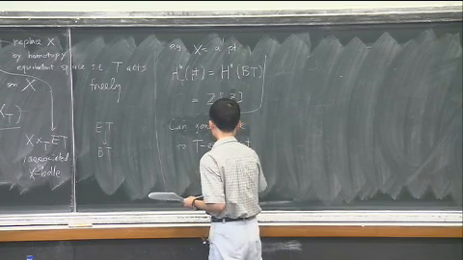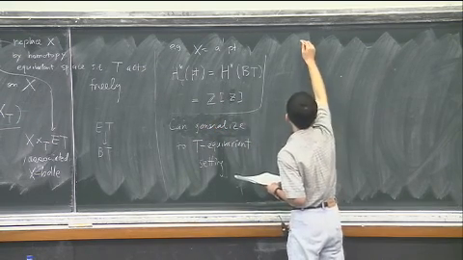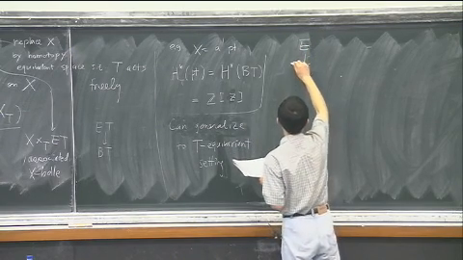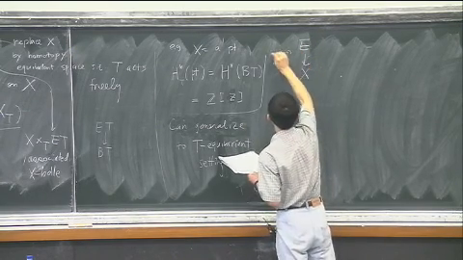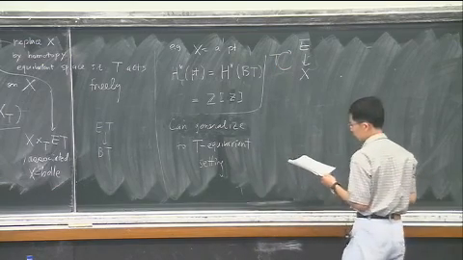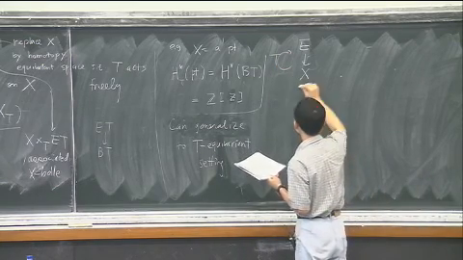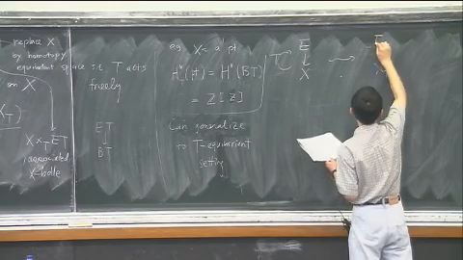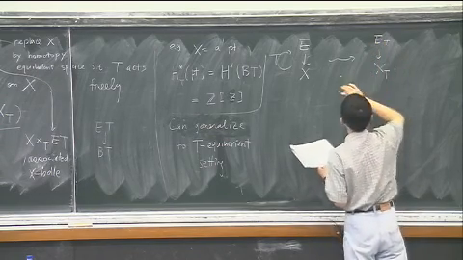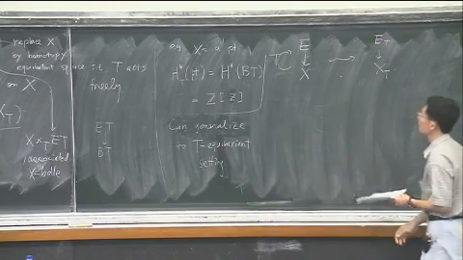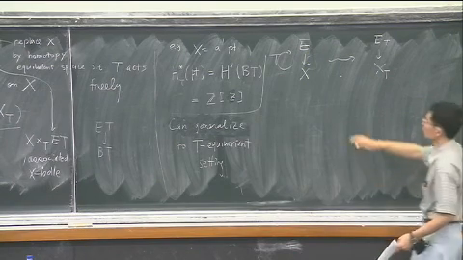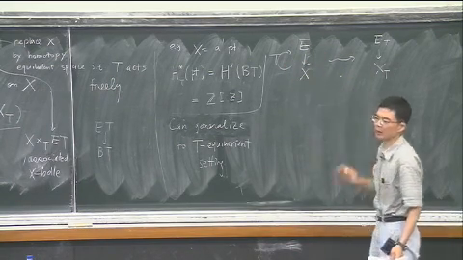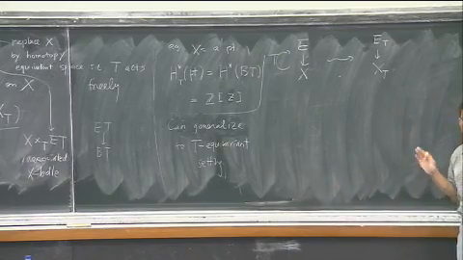For example, if you have a vector bundle, which I denote by E, and you have a T action on this, then you can define a T equivariant vector bundle, so that T acts on E and T acts on X compatibly. That's okay, right?